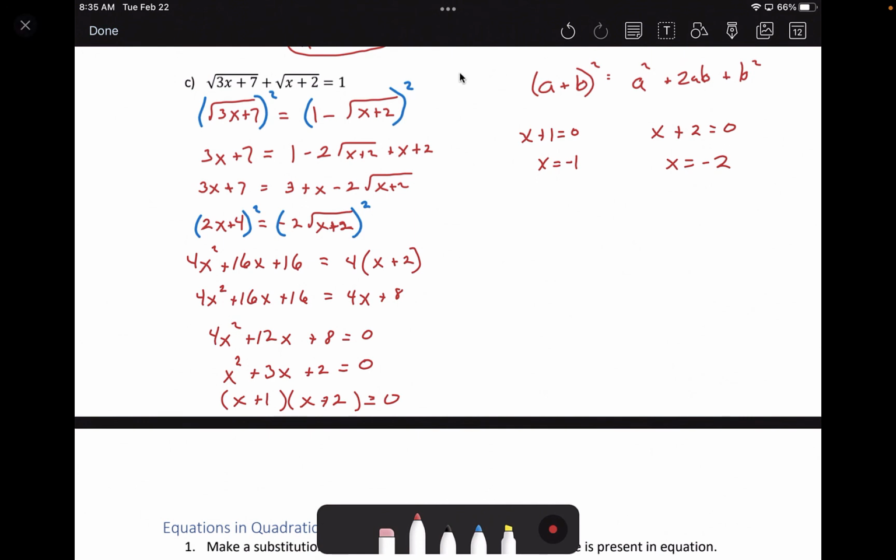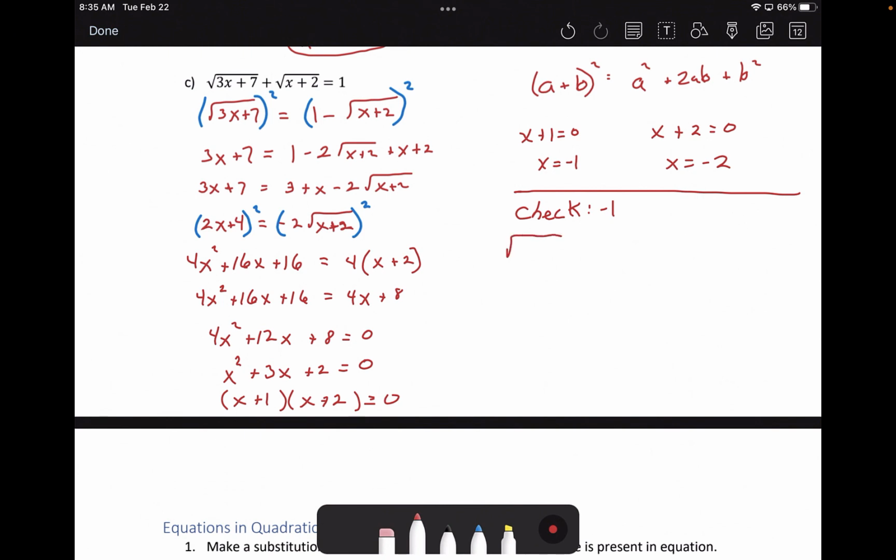Now notice we squared both sides. That means we can sometimes get extraneous answers. So we need to check this. And whenever you check something, you always want to go back to the original equation. So let's check -1. Let's plug -1 into our original equation.